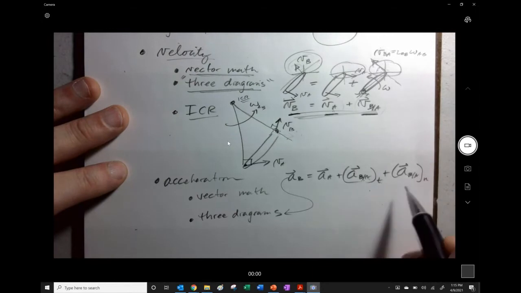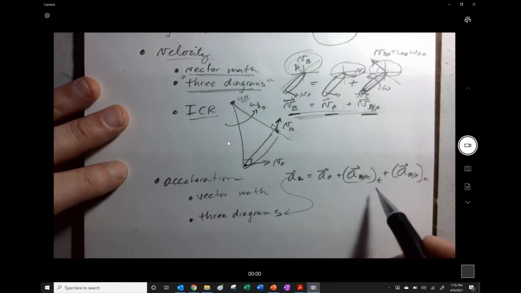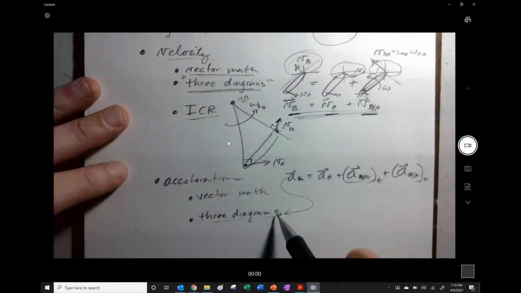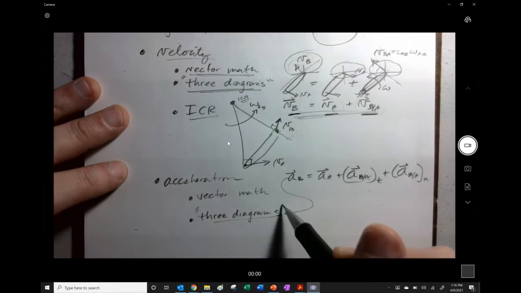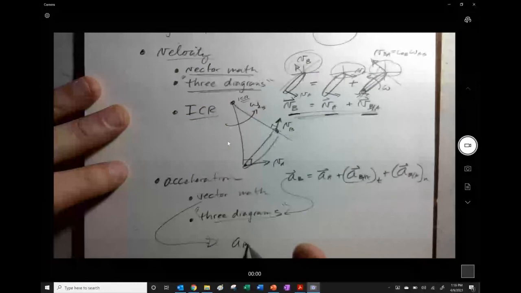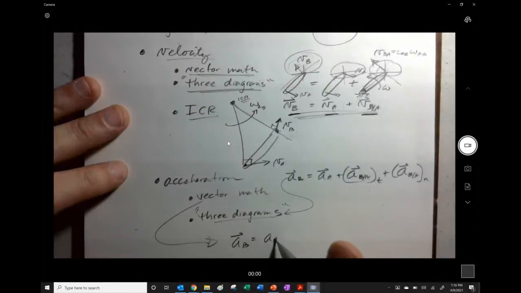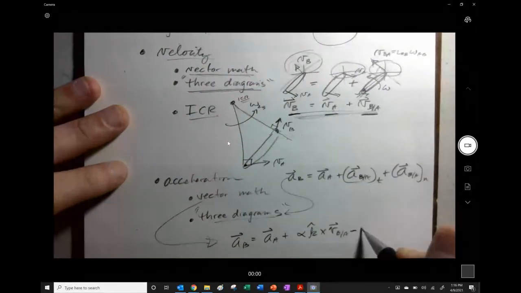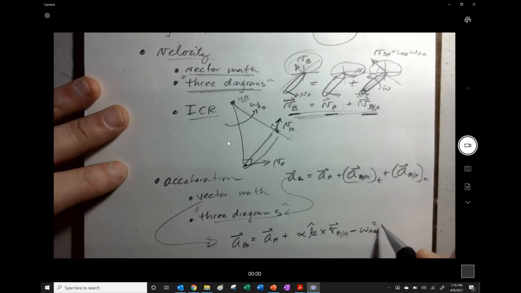Even though they're components, we'll actually have components of components when using the 3 diagram method. Whereas with the vector math, we stick with the equation as it is: alpha k crossed r B with respect to A minus omega AB squared times r B with respect to A.